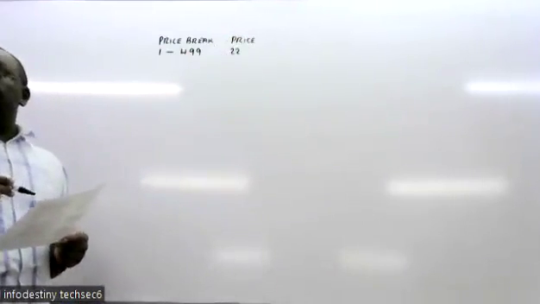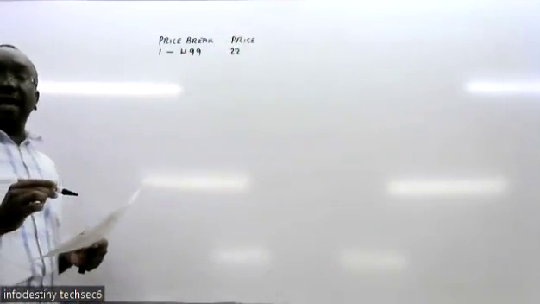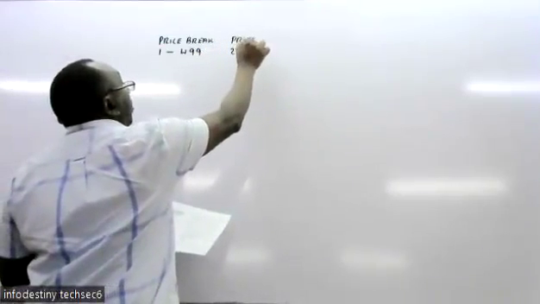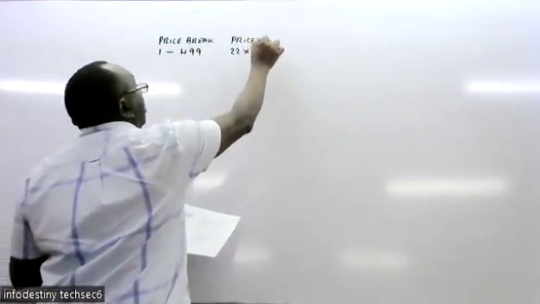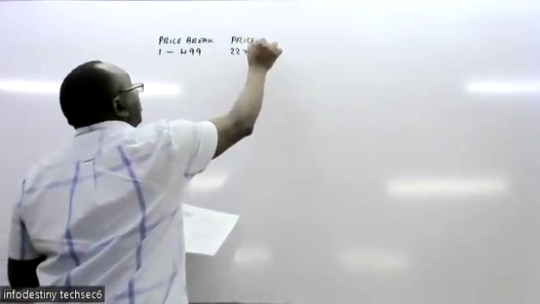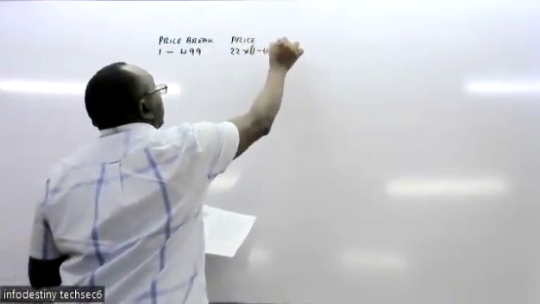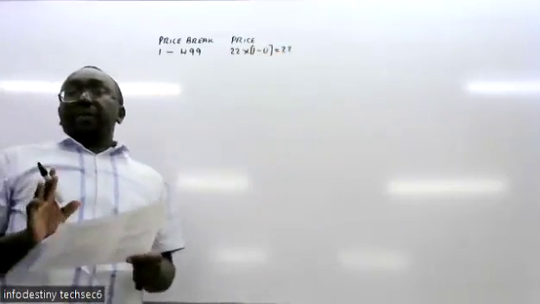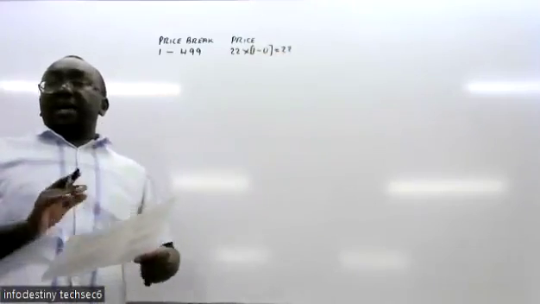But for uniformity with the others, I want us to multiply by 1 minus 0, that is the discount, which gives us 22. So the first one, there is no discount.